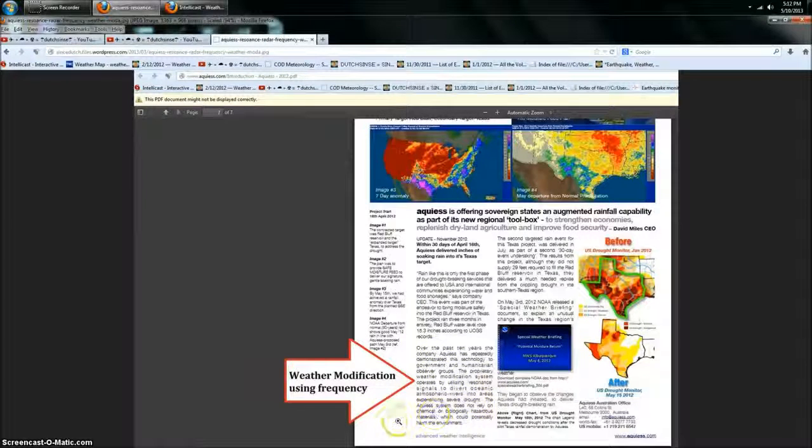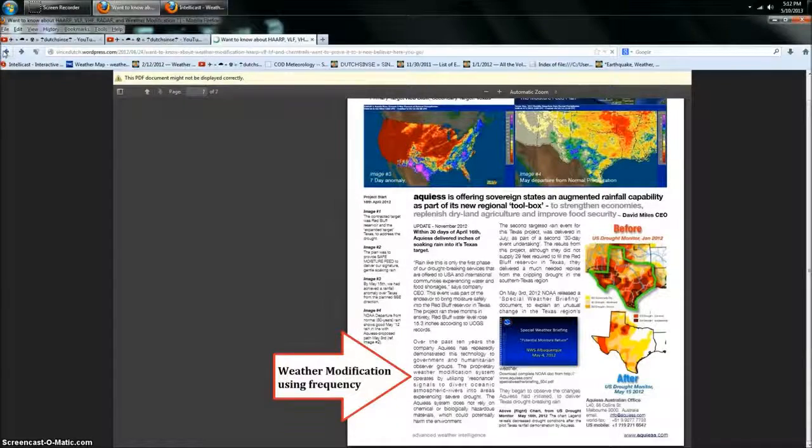The proprietary weather modification system operates by utilizing resonance signals to divert oceanic atmospheric rivers into areas experiencing severe drought. The Acquiesce system does not rely on chemical or biologically hazardous materials, chemtrails, which could potentially harm the environment.